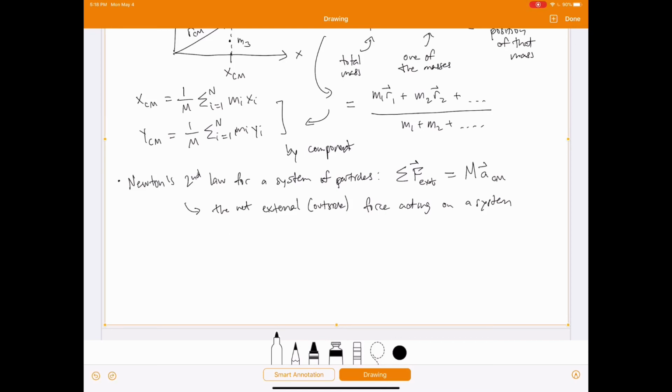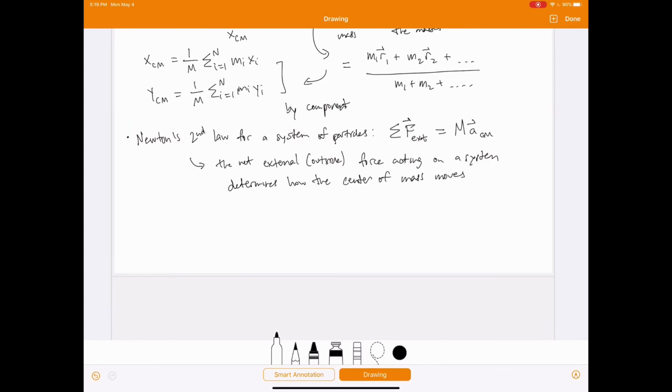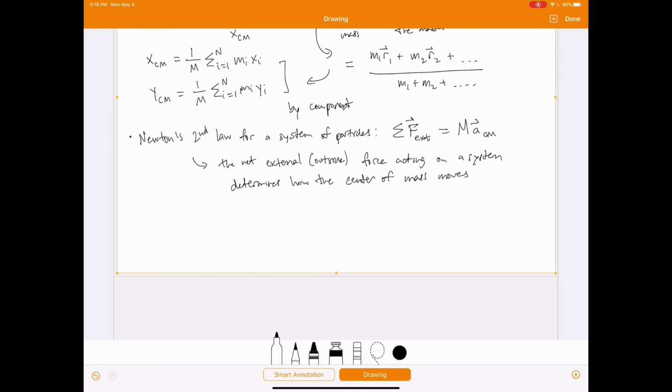So the net external force acting on a system determines how the center of mass moves. That's the basic idea behind this. So the center of mass is playing an important role, as I said. So let's take a look at an example.